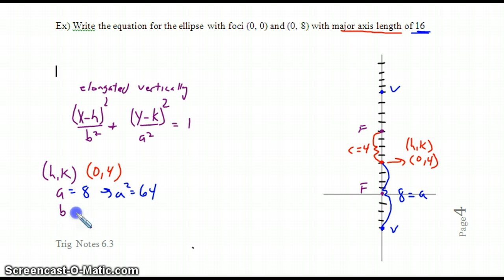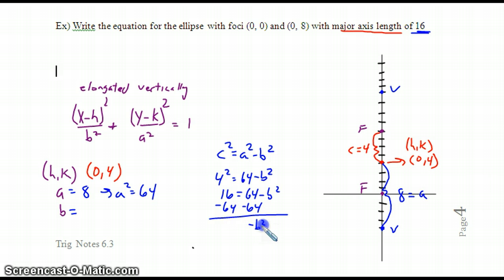So I still need to find b. To find b, I'm going to use the idea that c squared equals a squared minus b squared. So c was 4, a was 8, or I could already put the 64 in there. And now I can find what b squared is.